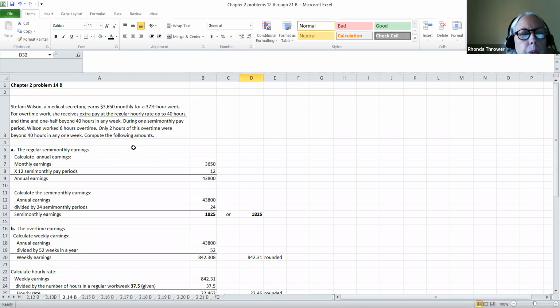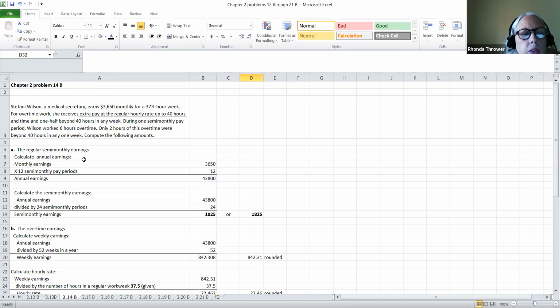Before we can compute the amounts that we're going to be paying to Steffi, what we've got to do is, first of all, they're asking you to calculate the regular semi-monthly earnings. And what they did is they gave you a monthly earnings amount, but they're paying her semi-monthly. So you can do this in 2 ways.